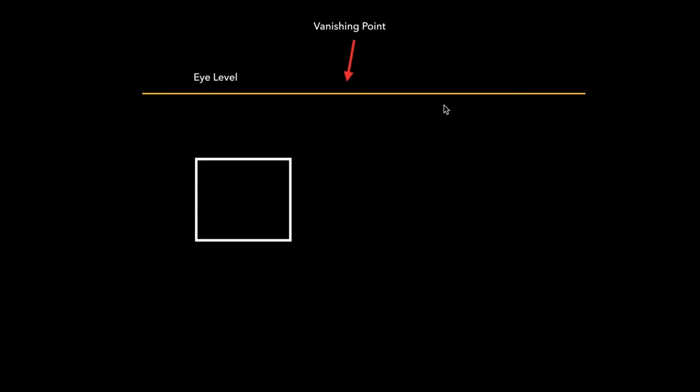Well, let's put that optical illusion, connect it up with an eye level and a vanishing point, and let's see what happens. I'm picking a random vanishing point, just because this is how I would have done it when I was in junior high. And I'm going to draw the edges of the box now.